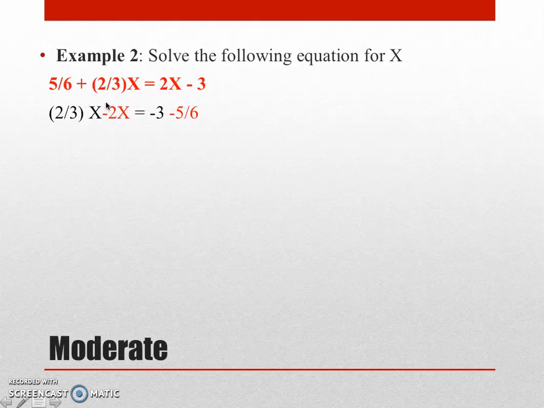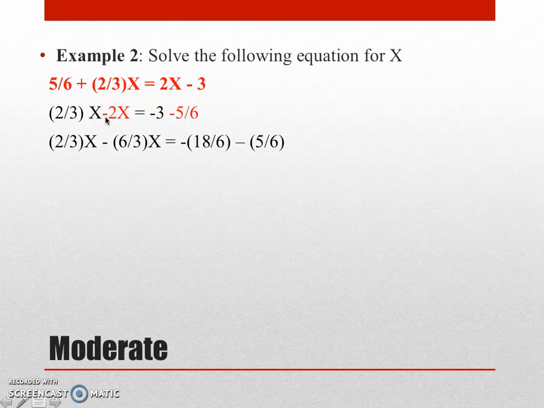The only thing that will happen is it becomes negative 2x. And that's the rule. So here we want to have all the constants. So negative 3 stays, and then the 5 over 6 moves to the other side and becomes negative 5 over 6. Now that we have like terms on both sides, we can just add or subtract them.